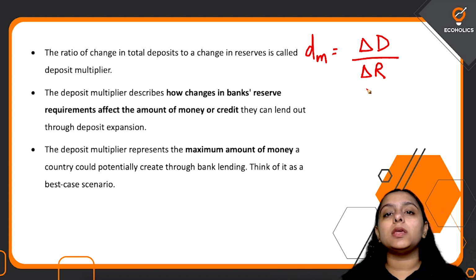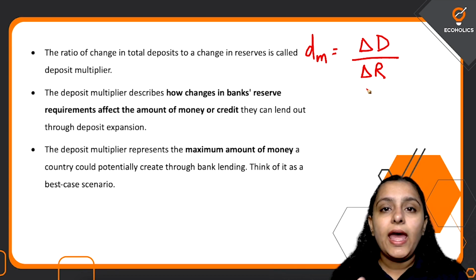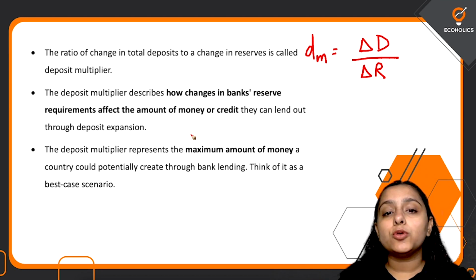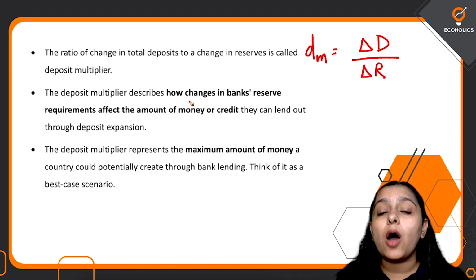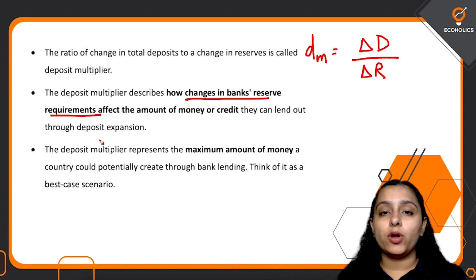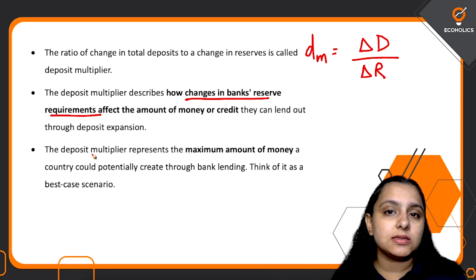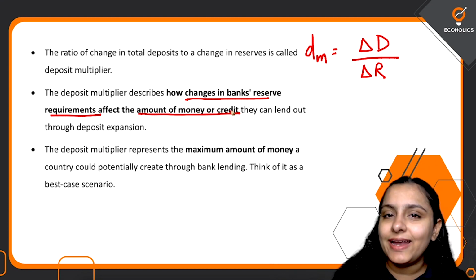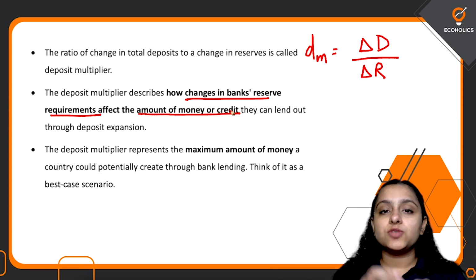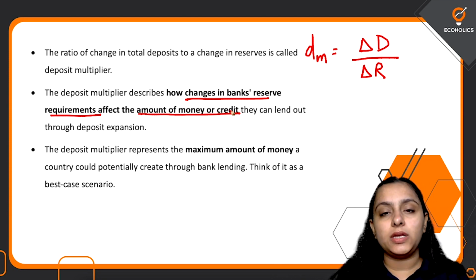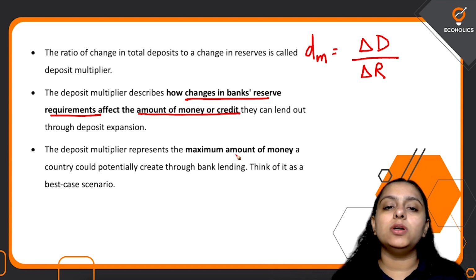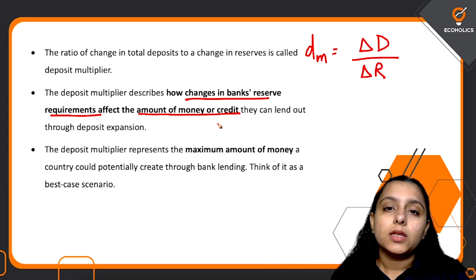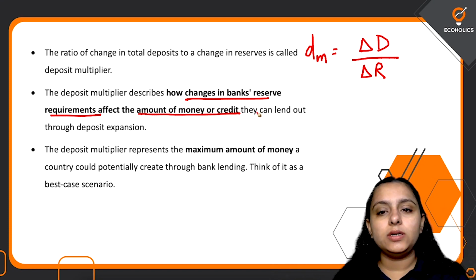We know that every bank keeps a part of their total deposits in reserve, and they also lend out the remaining money to the borrowers, right? So the deposit multiplier explains how changes in the bank's reserve requirements affect the money which the bank was creating on that basis. How changes in the reserve ratio are going to affect the amount of money supply and eventually the total deposits.